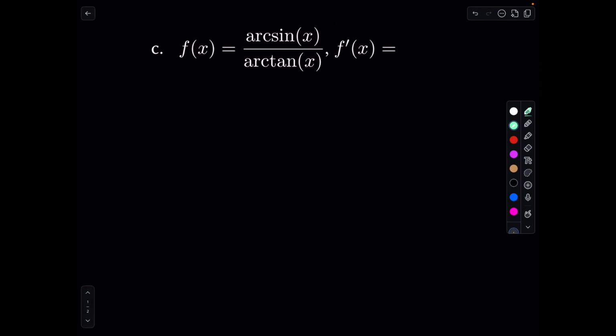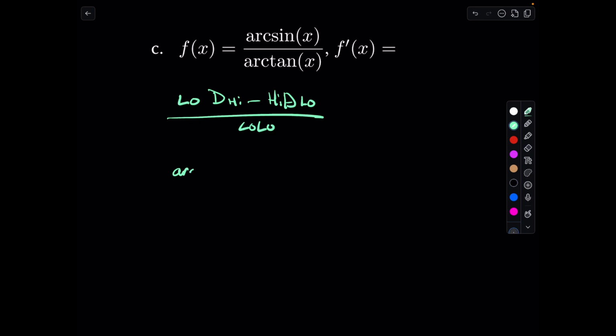Ooh, look at this, quotient rule with arcsine and arctan. Low d high. Let's just do it. Here, low d high minus high d low over low low. So we'll just do it that way.